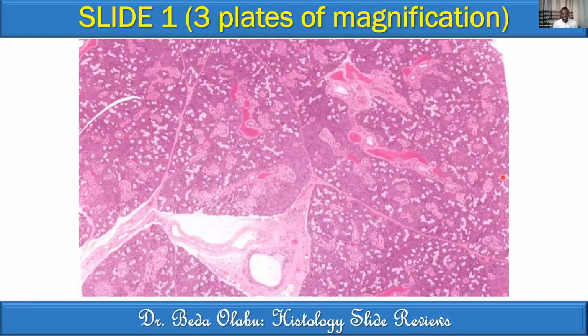Right, I'm hoping you've looked at that slide, at that magnification, and so you have some things you've noted down, which are features you're seeing at that lower magnification. I'm hoping you've captured some 3-4 things. I'm giving you a second level of magnification.